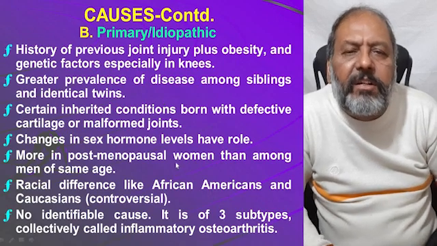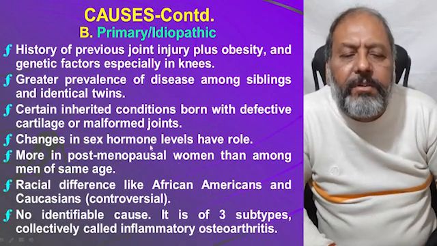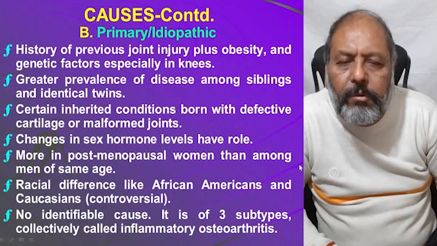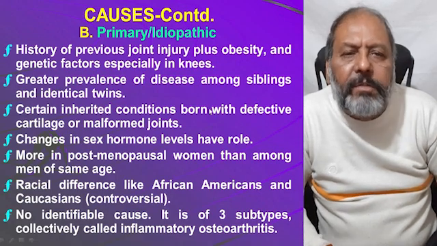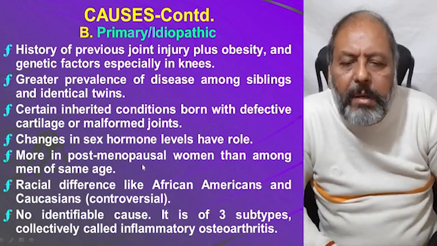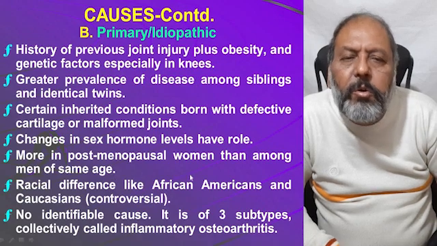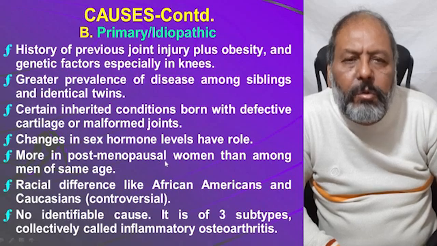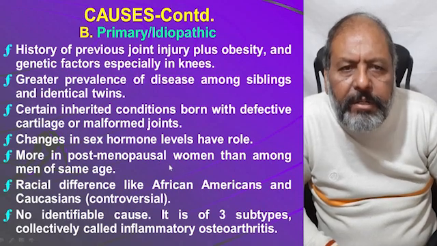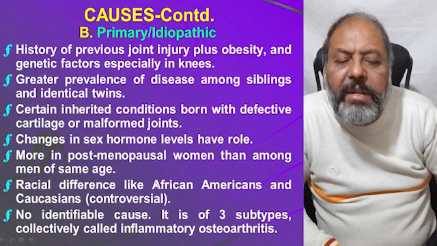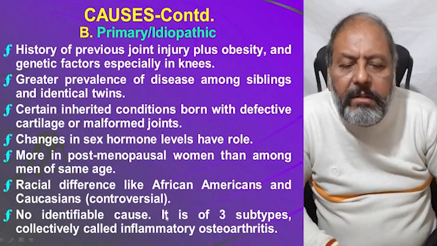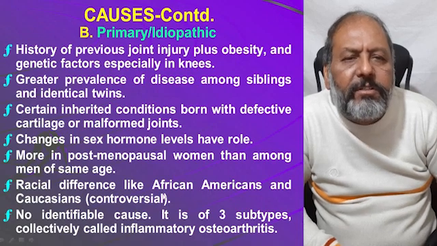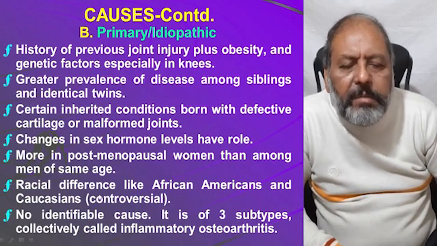Certain inherited conditions, being born with defective cartilage or malformed joints, and changes in sex hormone levels have a role, as it is more in females because of menopausal and hormonal problems. It is more in postmenopausal women than among men of the same age because there is no hormonal change as seen in women. Racial difference, like African American and Caucasian, is still not proven yet, so it is said to be a controversial cause.